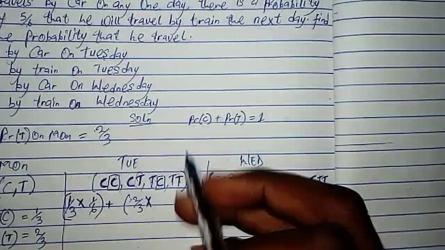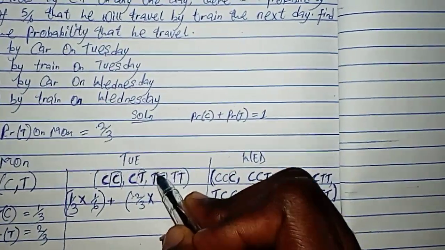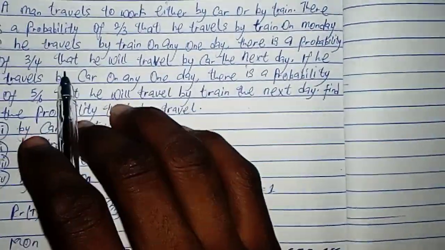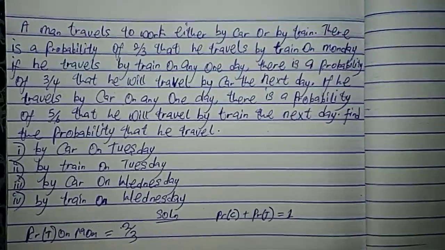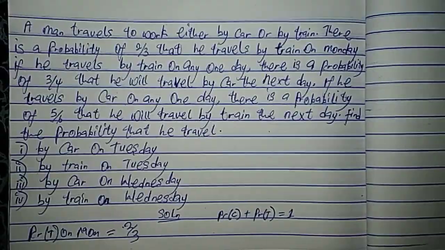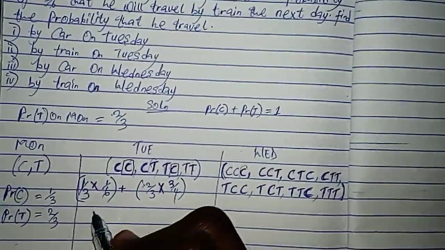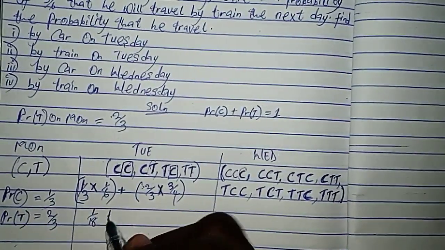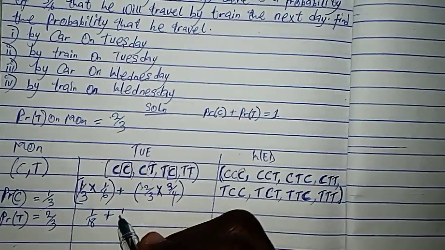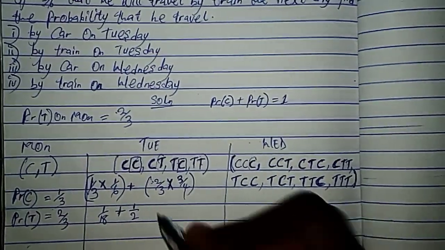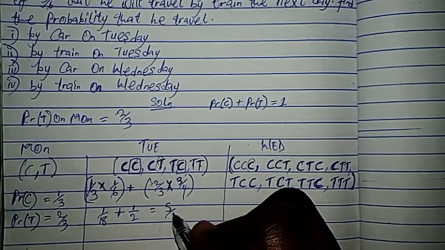So from here, he travels by train this day, which was Monday, and the probability of him traveling by car the next day from this question is 3 over 4. And then we write down the 3 over 4 and we multiply. This should be 1 over 18 plus this is 1 over 2. Now, adding them up, we have 5 over 9, I think.